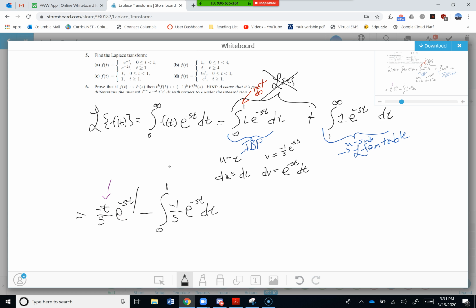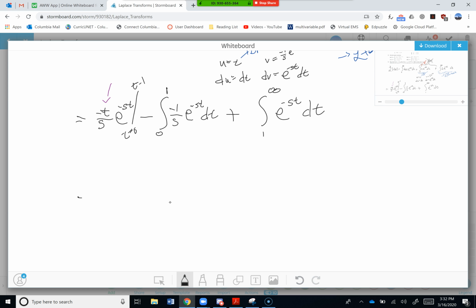So that should be evaluated from t is 0 to t is 1. Does that make sense? Yeah. Okay. And then I still have plus the integral from 1 to infinity of e to the minus st dt. I just haven't dealt with that part yet.